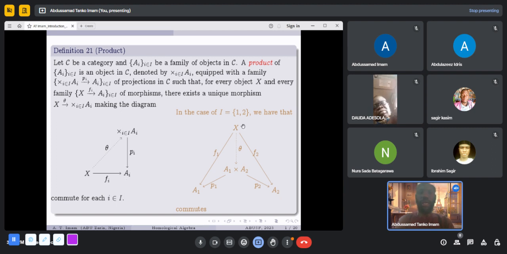So I think, let me just demonstrate. If the index set here is just a set of two elements, which means I have just two members in this family.